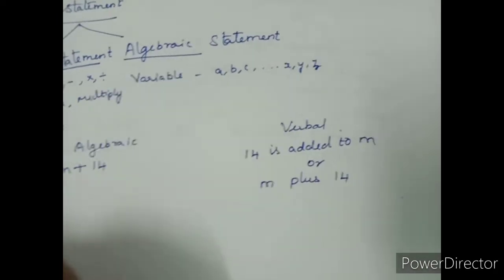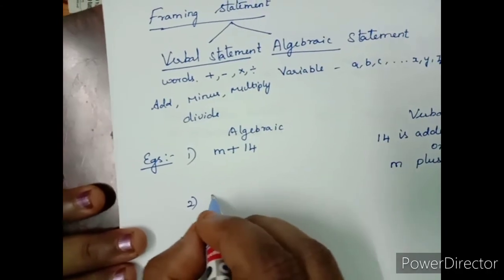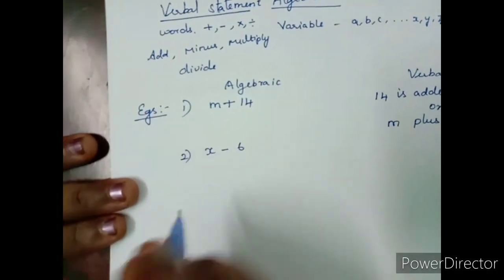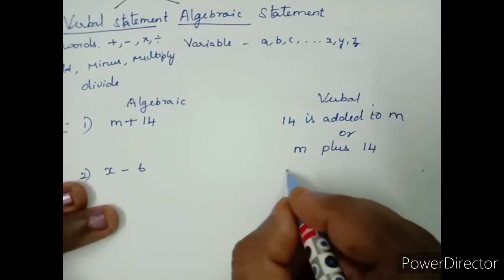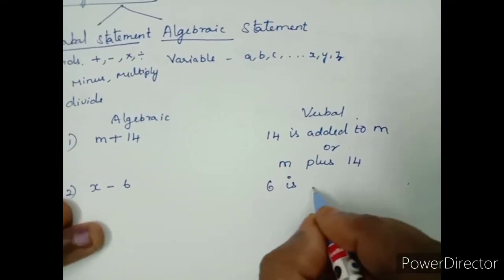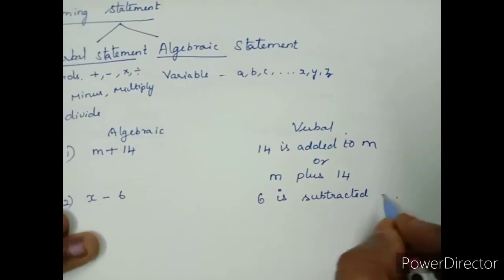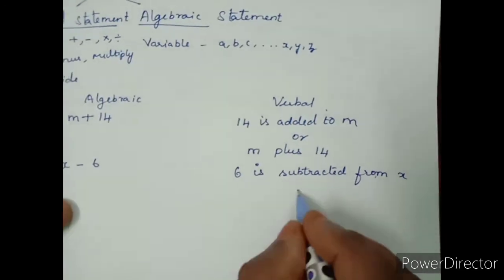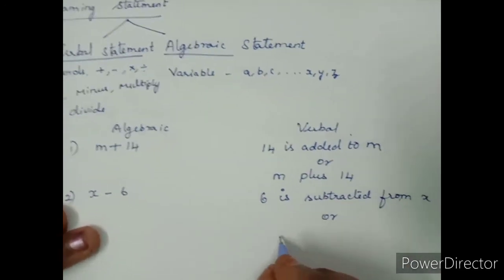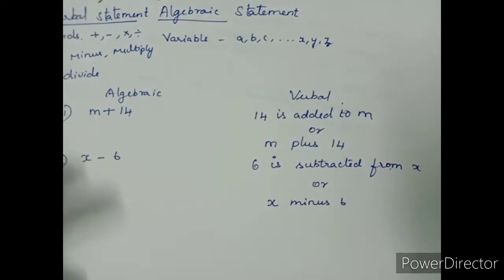See the second one, x minus 6. So what you are going to write here? 6 is subtracted from x. In a simpler way, we can write it as x minus 6.